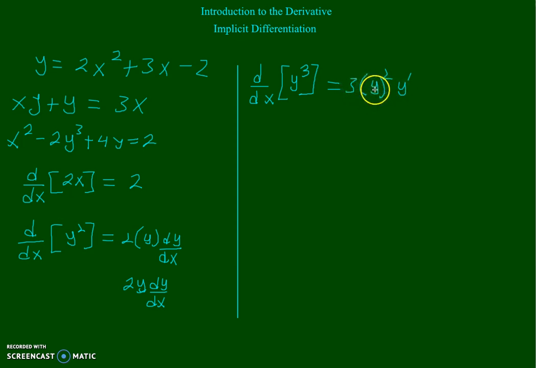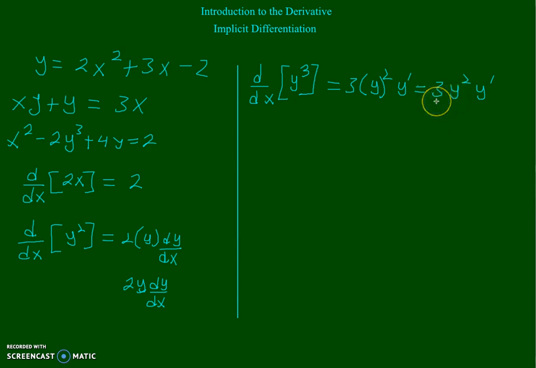And as we move forward, you'll see situations in which Leibniz will be the better notation and others in which Lagrange will be the better notation. So simplifying this, we just have 3y squared y prime. Again, this is simply a placeholder for the derivative of this implicitly defined function of x.